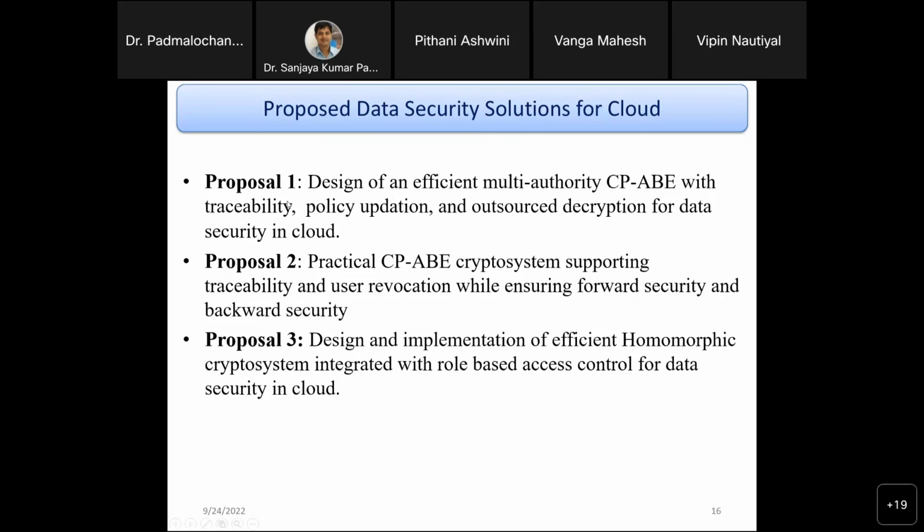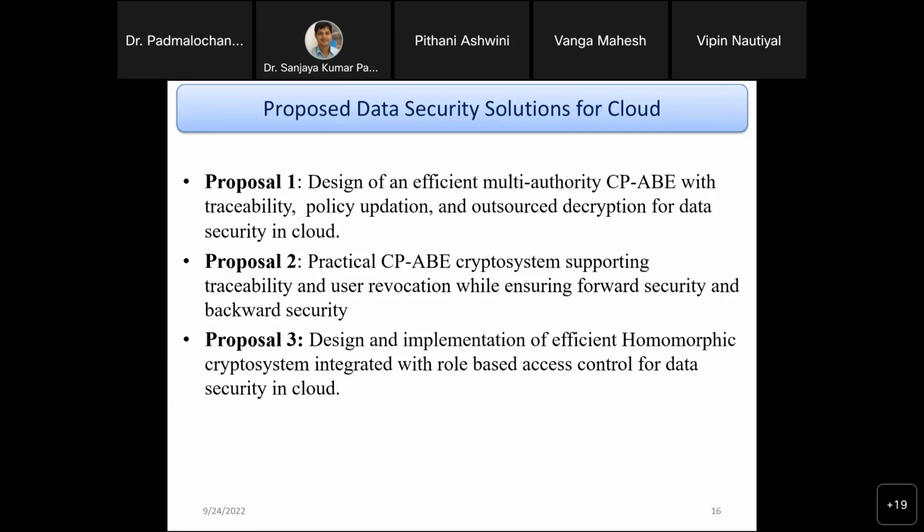Then traceability means that if somebody leaks the secret key or the attributes, then that has to be traced. Policy updation: the data owner can change the policy dynamically.